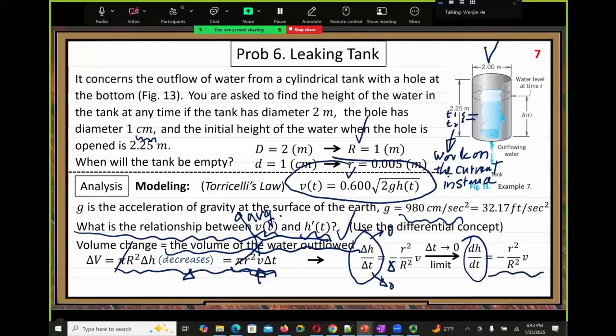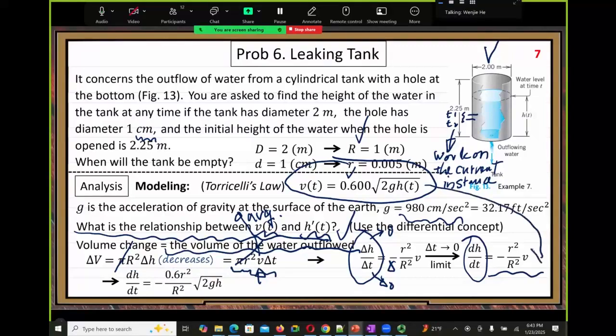All right. So this is the new second equation we derived. We use the second equation, so we can plug in. By Torricelli's law, we replace little v by an expression of H. So when you see this equation, v is gone.